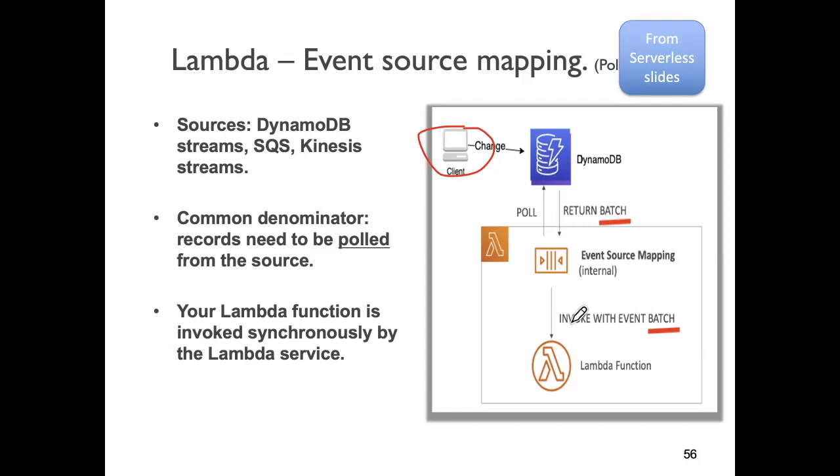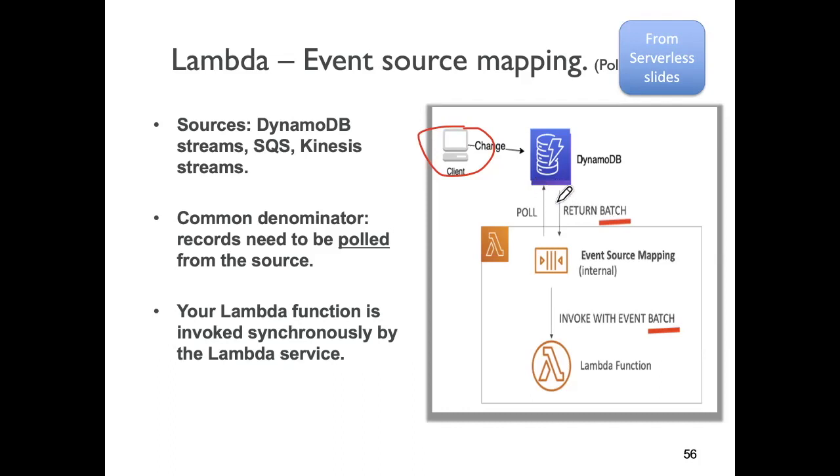What actually happens when you make the connection is the Lambda service periodically polls the table, asking it, have you got any more new entries in your stream that I should pass on to this Lambda function? So again, it's a polling action that goes on between the Lambda service and the DynamoDB service.